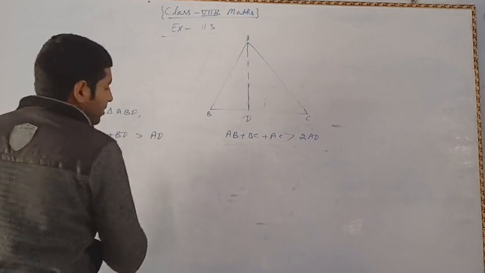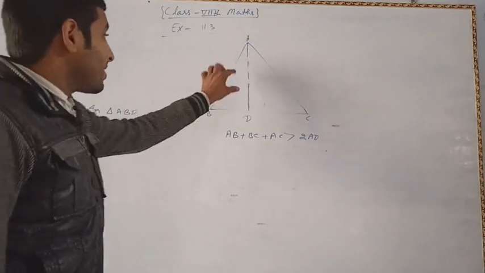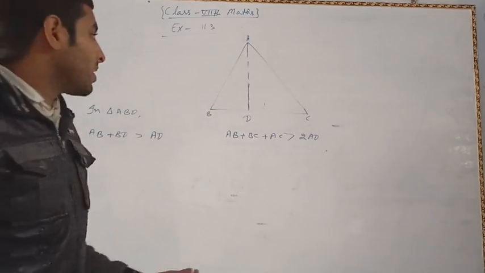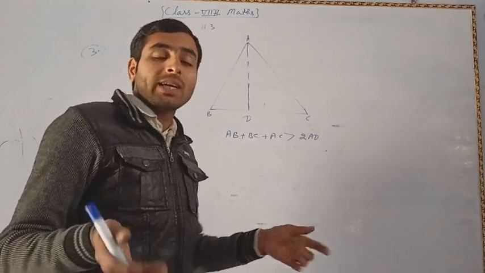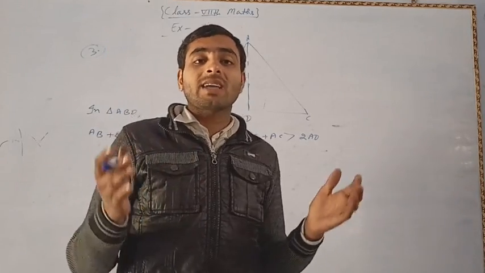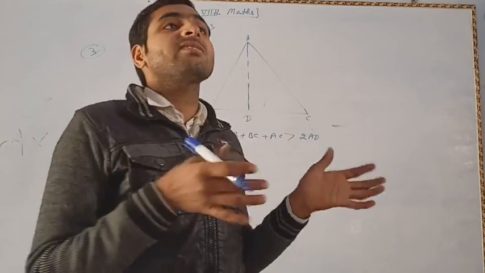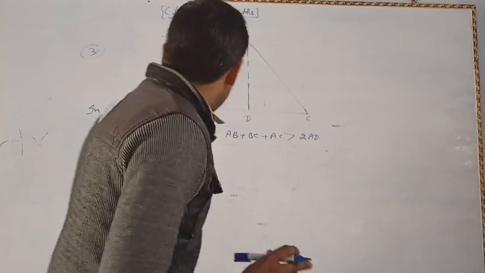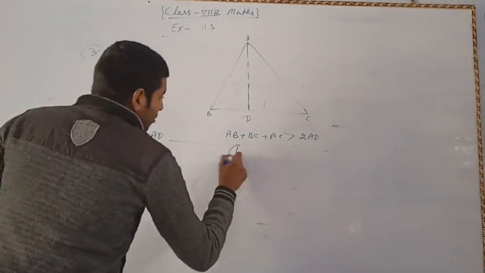Why is this? Because of the triangle inequality property. What is the triangle inequality property? In any triangle, the sum of two sides of the triangle is always greater than the third side of the triangle. So this is equation number first.